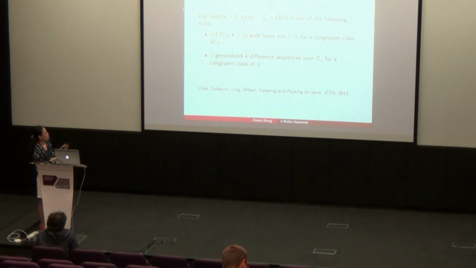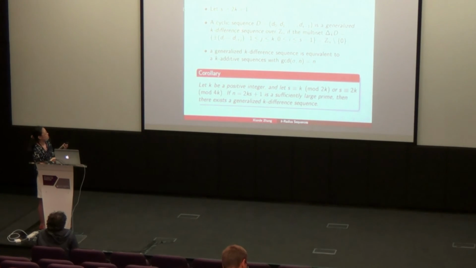And here I want to introduce this sequence, because for the k-additive sequence we consider the sums, but for design theory we usually consider the differences. So I define this cyclic sequence d0 to d_{s-1}.